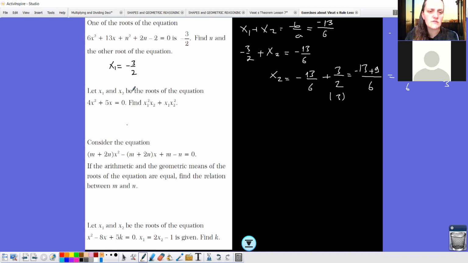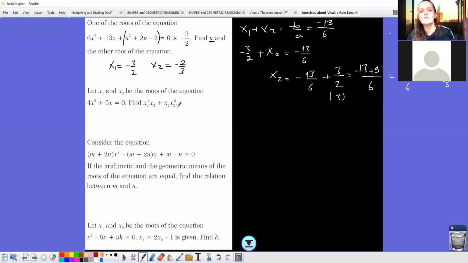Now we know that x2 is minus 2 over 3. Can we find n? How will we find n? Instead of x, we can write the value of one of the roots in the whole expression, which is c, and it is all equal to 0.